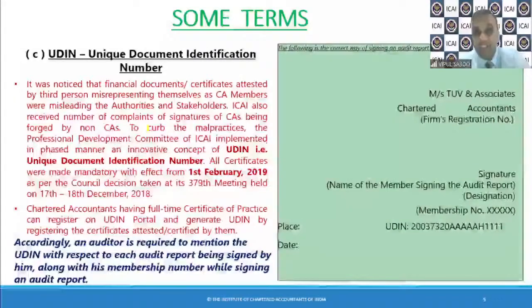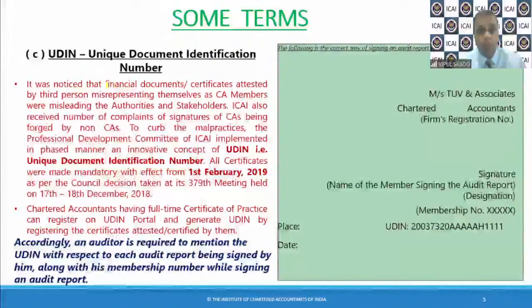So this was an initiative which was in talks since 2009-11 within the institute, and finally in the year 2019, the whole system, the setup was ready, and our alma mater came up with this unique concept, unique document identification number. What is it? So just a brief view of the history.